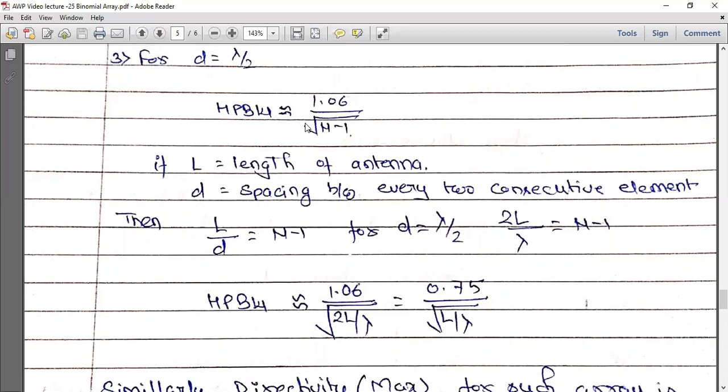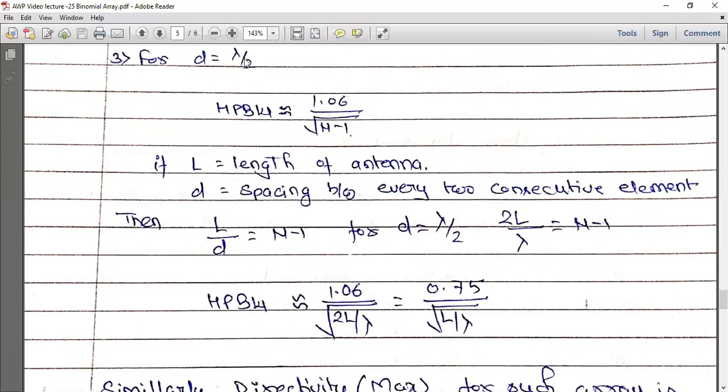So the total length L, if we divide this total length L, that is 4D, by D, what you get is n-1. In our particular case, with 5 elements, the first is at 0, the last will be at 4D, and the total length of the antenna array will be 4D. When you divide this 4D by D, what you get is 4. And 4 is 1 less than the number of elements in the antenna array. So n-1 is equivalent to L by D.